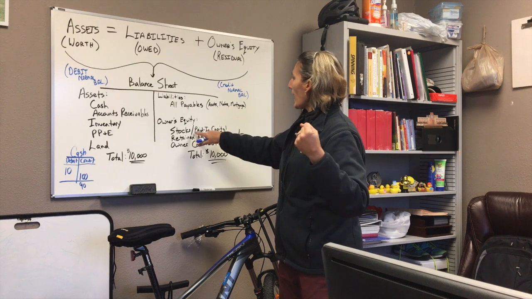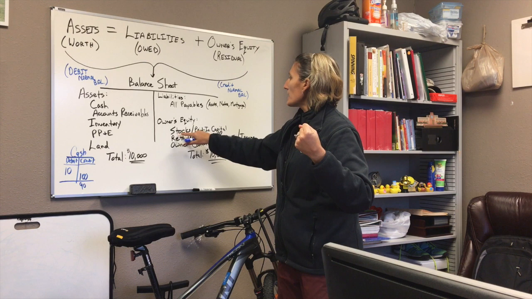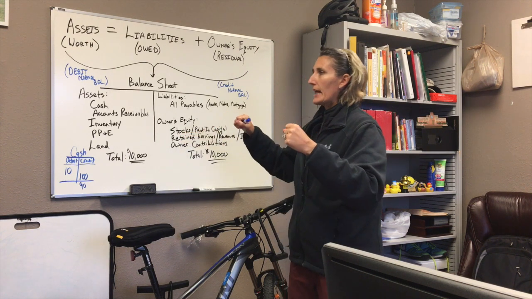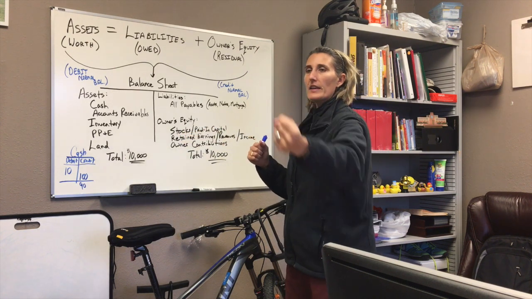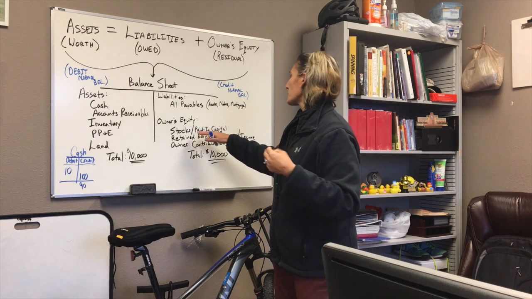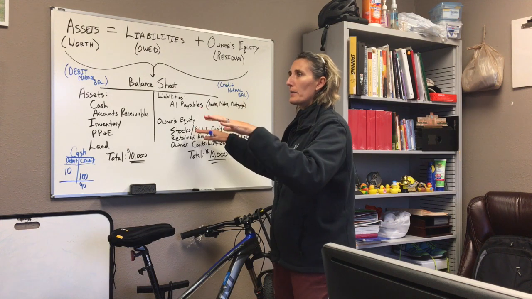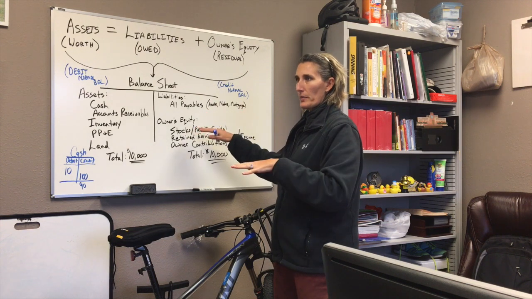So when I have this on my balance sheet, these stocks basically indicate how many stocks I've issued to other people. This shows who outside of the company owns part of the company.